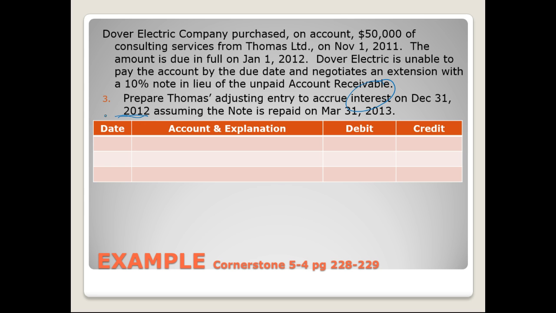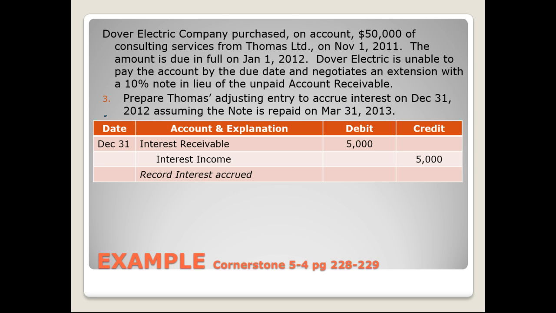How do you make an adjusting entry for interest income? Interest that you expect to receive? Well, you're going to have an interest receivable. And remember, if it was going to be repaid on March 31st, we expected to at least accrue a full year's of interest as of December 31st, 2012. That's $5,000 worth of interest.